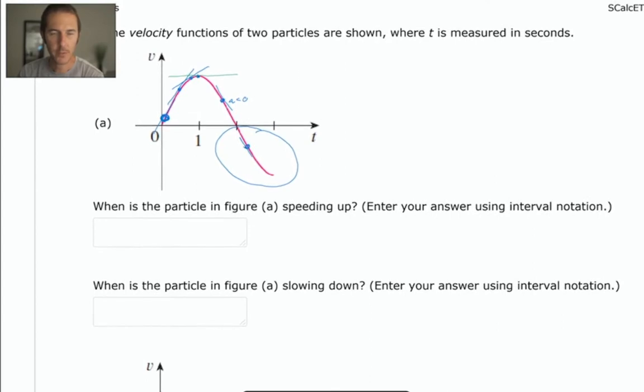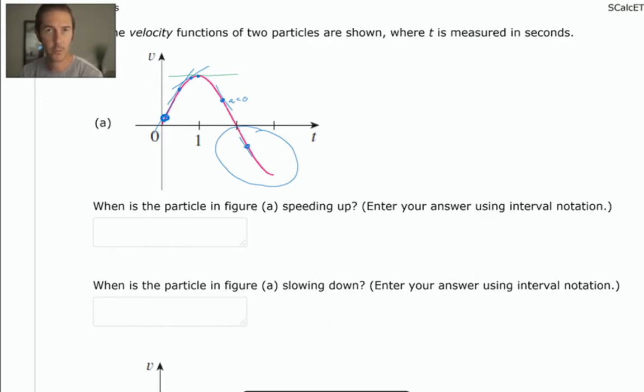Well, I'll tell you, the answer to this first one is, at least in this example, it's speeding up on the time interval from 0 to 1. You're going to want to look in the ebook or into the notes and confirm whether the interval notation should be using parentheses or square brackets.